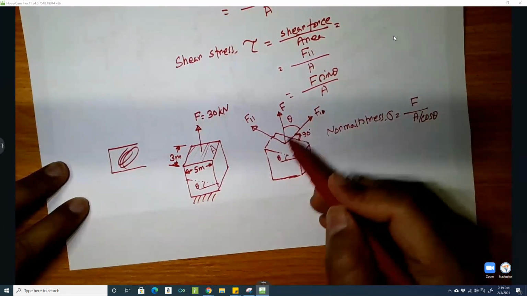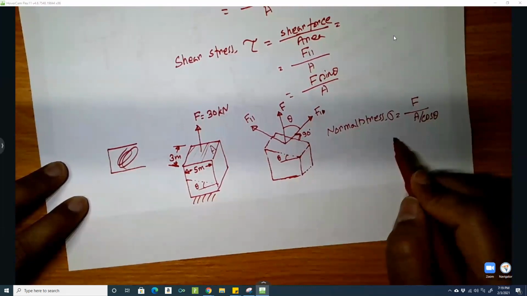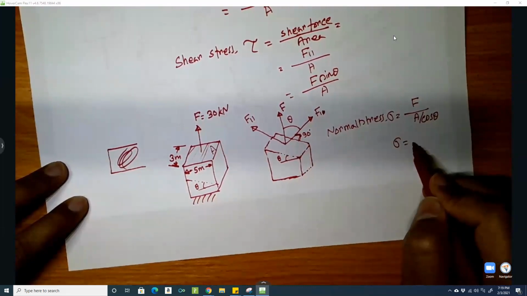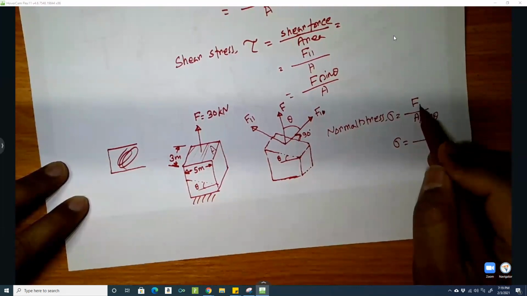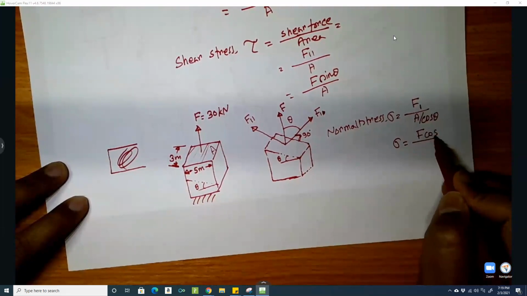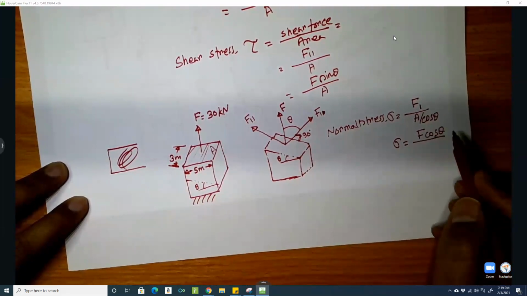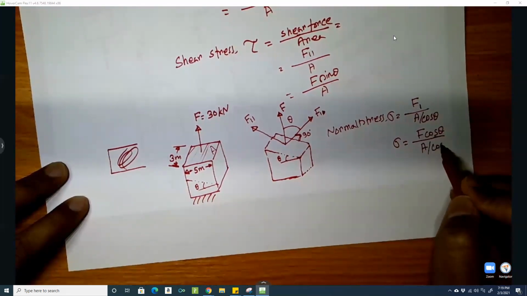So sigma, we know F1 is equal to F cosine theta, divided by A cosine theta.